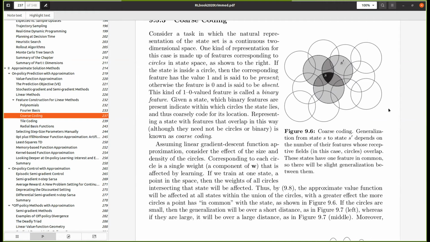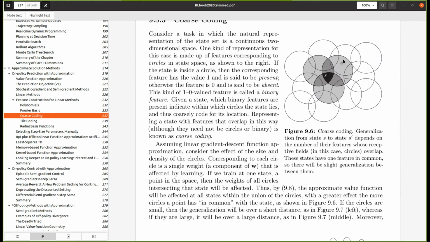And to encode the state space here, we will just randomly fill this area with overlapping circles, and say take some point here.